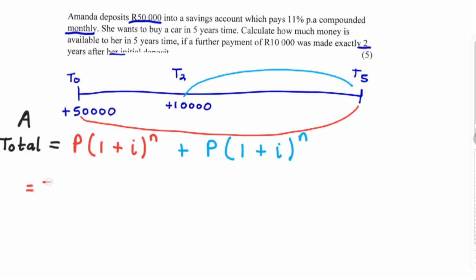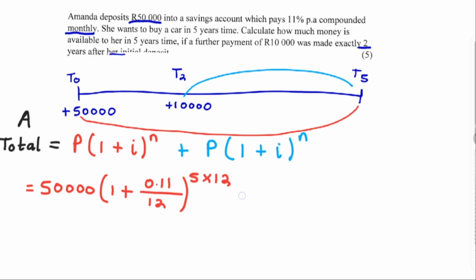So we have the 50,000, that is 1 plus the interest rate is 11%, so that is 0.11 over, it's monthly, we divide by 12, and now for how many years? It's 5 years, so it's going to be 5 multiplied by 12.